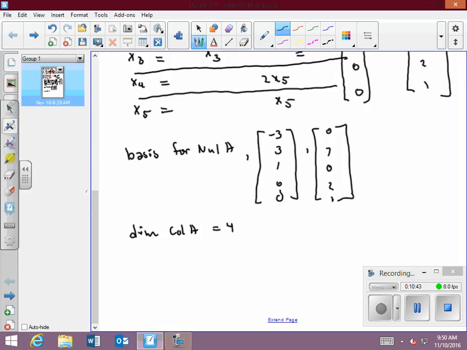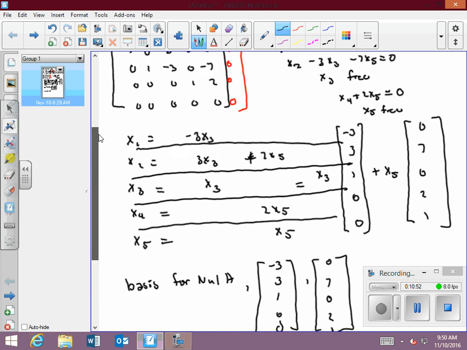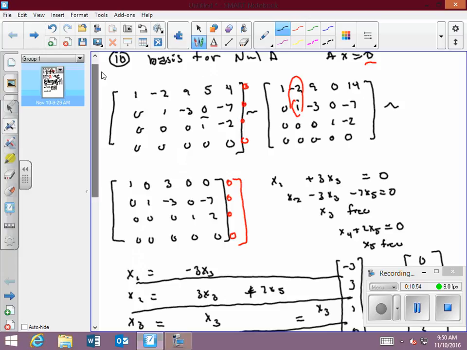No, 3. We had 3 turning points, or pivot points. This one, and this one. That means the vectors in the original A are the basis for column A. So its dimension is 3.